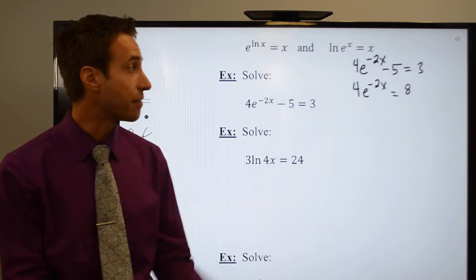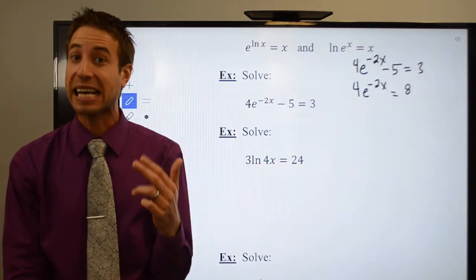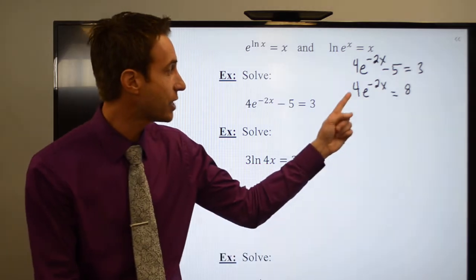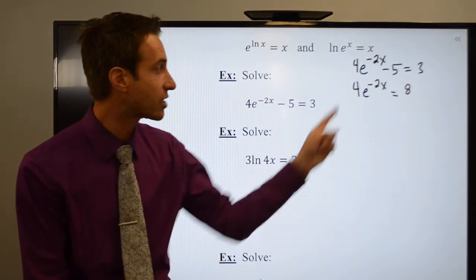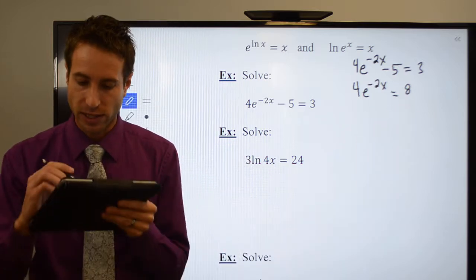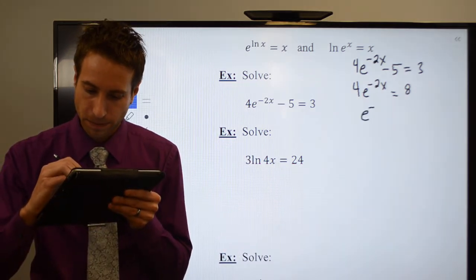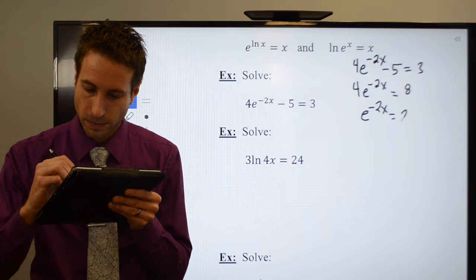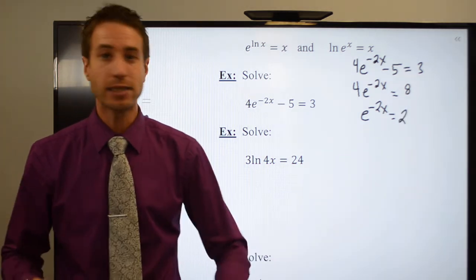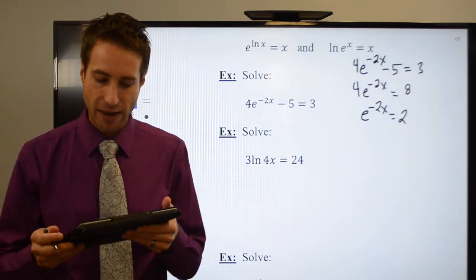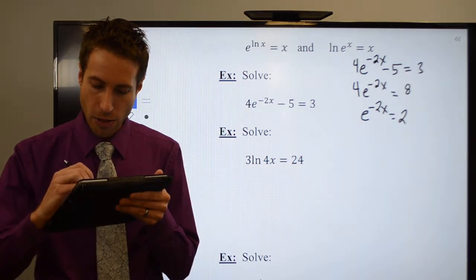Now that I've taken care of the addition and subtraction, next up is going to be multiplication and division. I have 4 multiplied by e to the negative 2x, so I'll divide 4 to the other side, and I get 2. Okay, well now I need to solve for x, and as promised, it'll show up in every section: snail method.